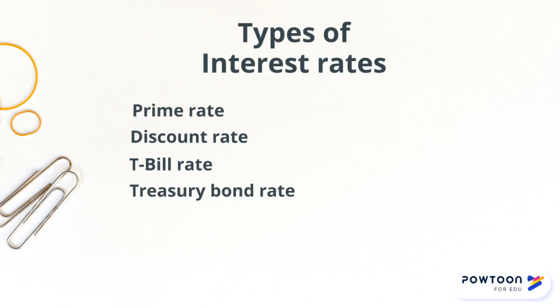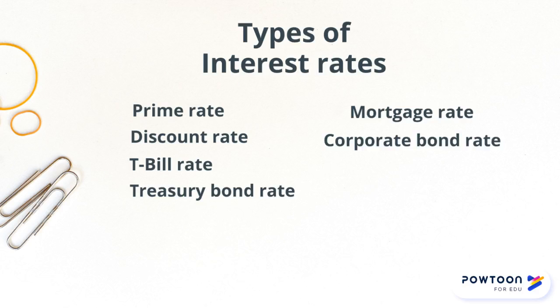The Treasury bond rate is the yield on long-term U.S. government debt obligations of up to 30 years. The mortgage rate is the amount individuals pay to borrow for the purchase of a new home. The corporate bond rate is the cost of borrowing for large U.S. corporations. The certificate of deposit rate is the rate for time deposits at saving institutions.